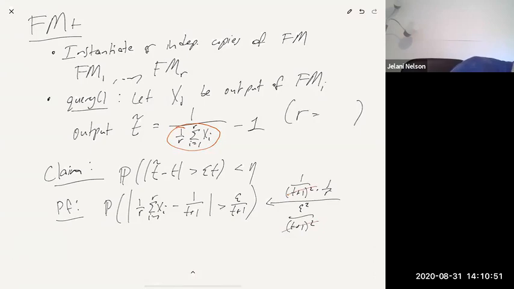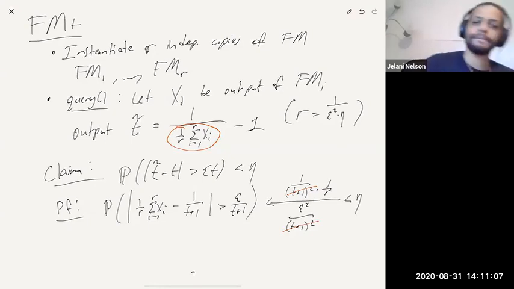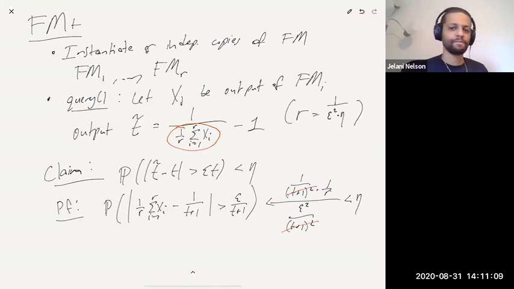And this is 1 over epsilon squared R, which I can guarantee is less than eta if I pick R to be, let's say, 1 over epsilon squared times eta. I guess the ceiling of that, R has to be an integer.